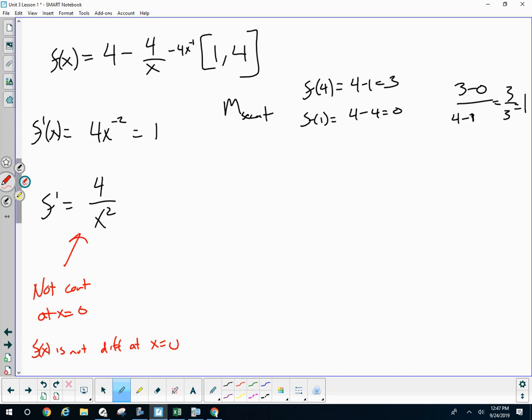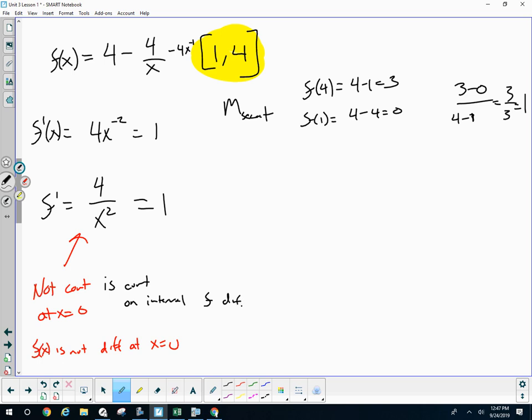So, man, does that mean I shouldn't be using the mean value theorem? The answer is no, because on your interval from 1 to 4, even though f prime is not continuous at 0, it is continuous from 1 to 4. Since it's continuous on your interval, we are good to use the mean value theorem.